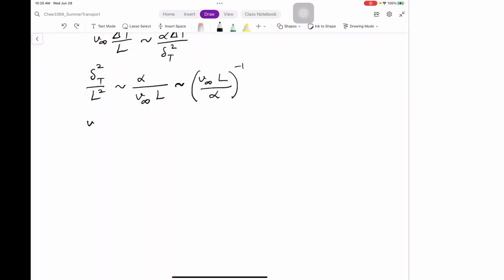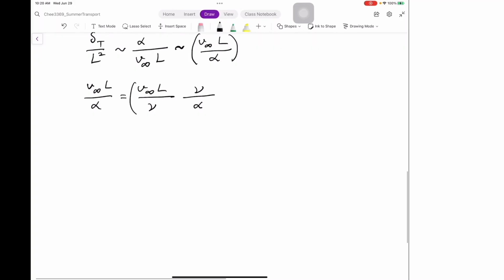So we can say V infinity L over alpha is equal to V infinity L over nu, where I divide by nu and multiply by nu to have nu in the denominator, times nu over alpha. And now both of the numbers are actually familiar, right? This and this. So this is nothing but the Reynolds number, L, and the Prandtl number.